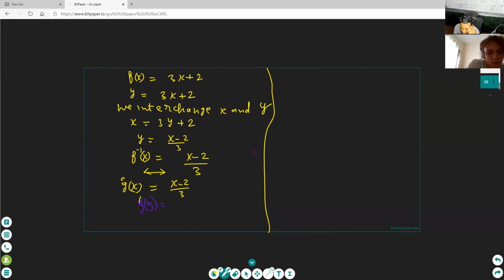Write y is equal to x minus 2 upon 3. Then interchange the variables. Are you understanding? Very easy.